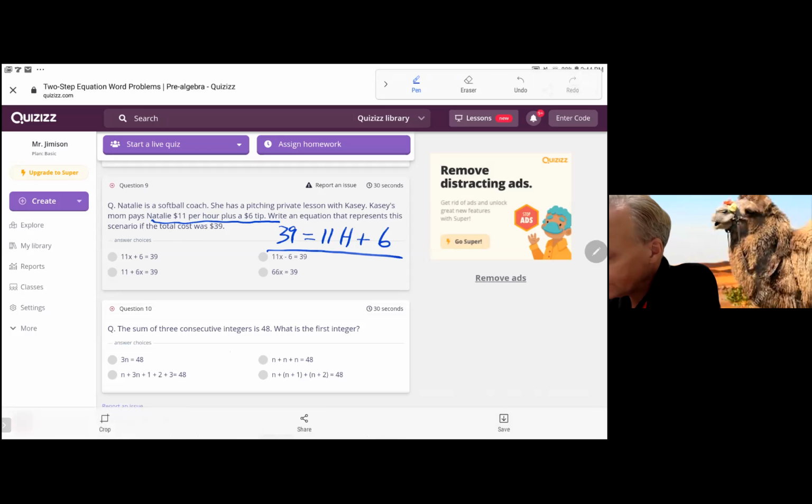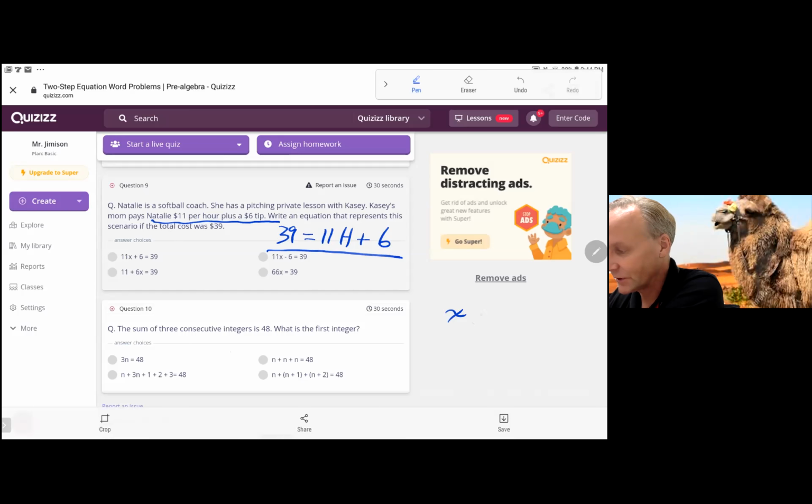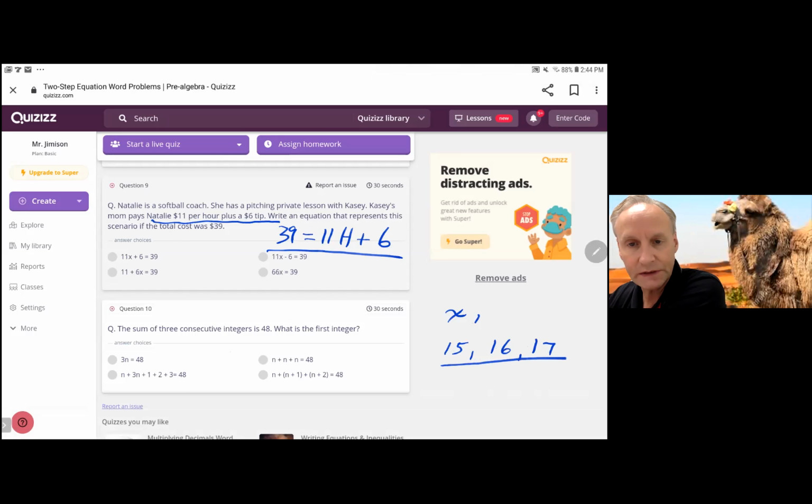The sum of 3 consecutive integers is 48. What is the first integer? So when you write consecutive integers, we always write x, right? That's our first integer. Now, if I know what they are, say 15, 16, and 17, there's 3 consecutive integers.